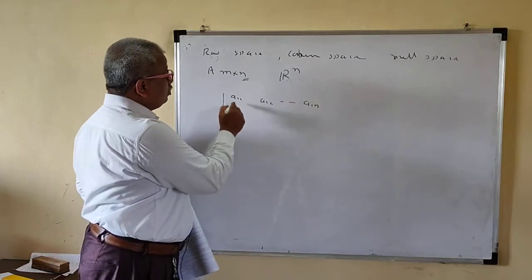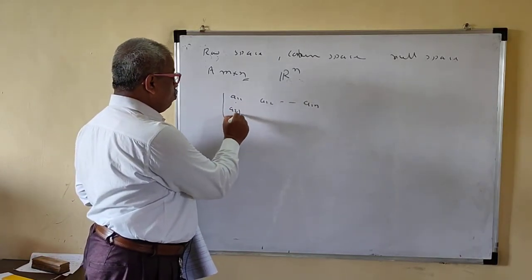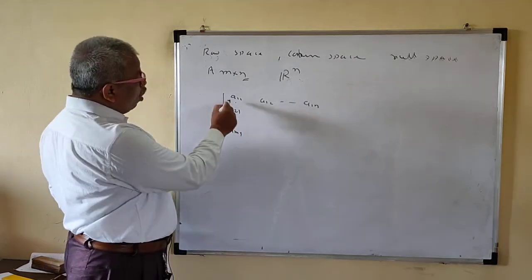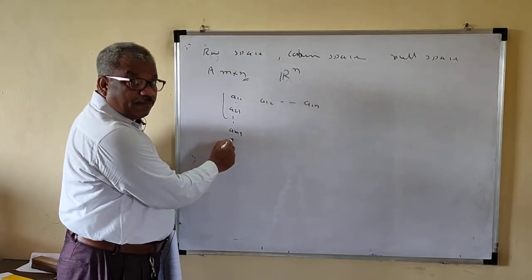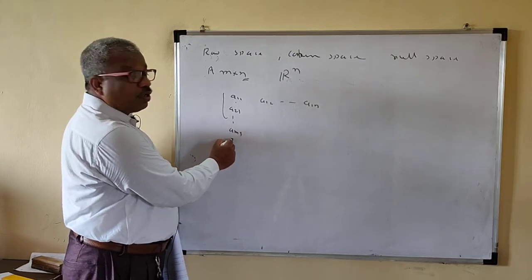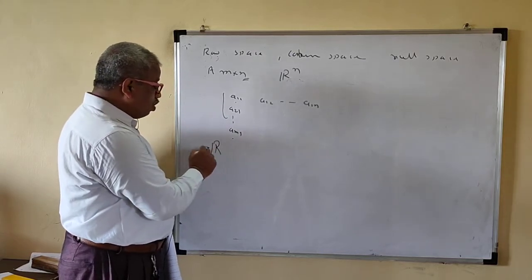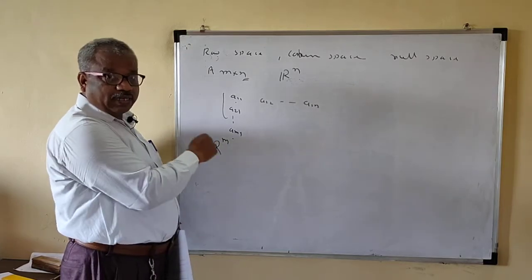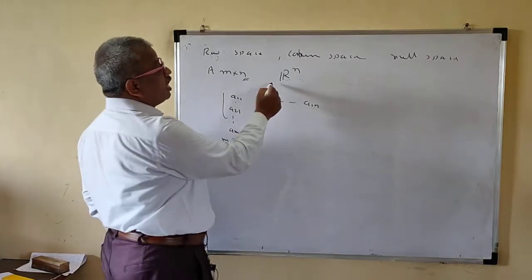And in a column, suppose this is A21, up to Am1. In a column, m elements are there. That means column vectors are the vectors of Rm, and row vectors are from Rn.